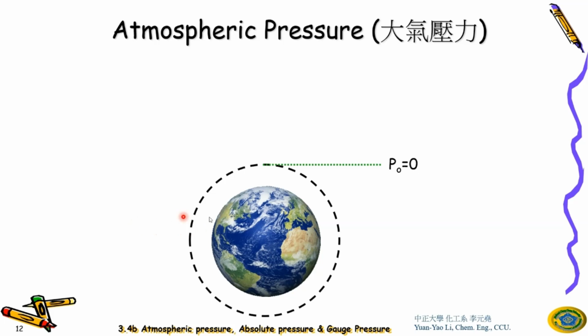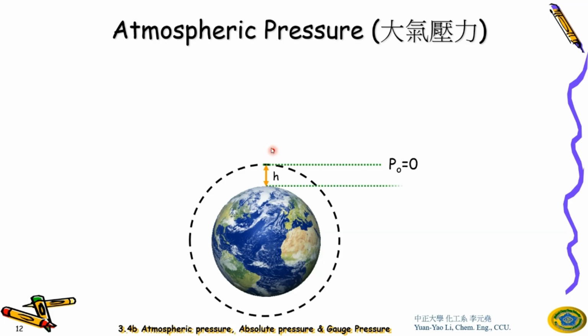Because of gravity, you have a layer of air surrounding this sphere. So outside of this dashed line, the pressure is 0 because there's no air, no gas, right? So this is height.